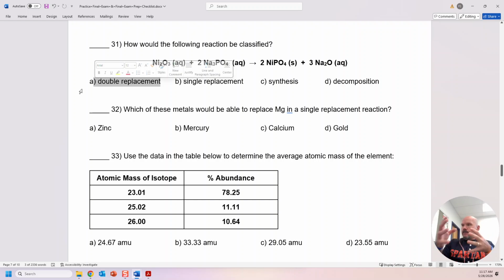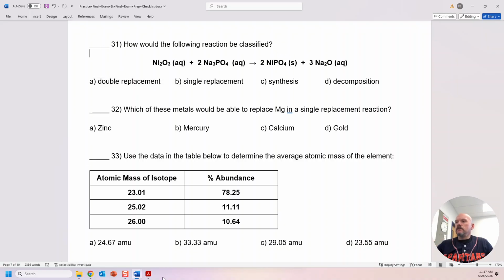Acid base is a special type of double replacement. And not every time a precipitate forms is it double replacement, but usually when we're thinking double replacement, we're thinking either acid base neutralization or two solutions mixed together and a precipitate forms. So just watch out for those different types of vocab. Kind of describing the same thing, but yeah, it's double replacement.